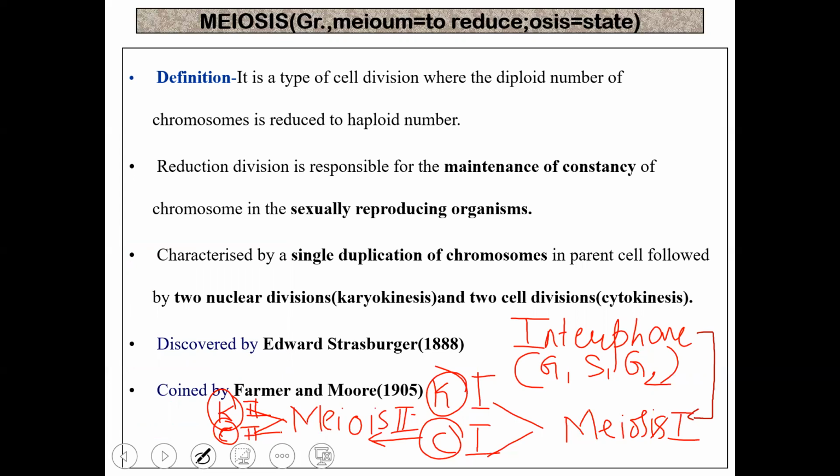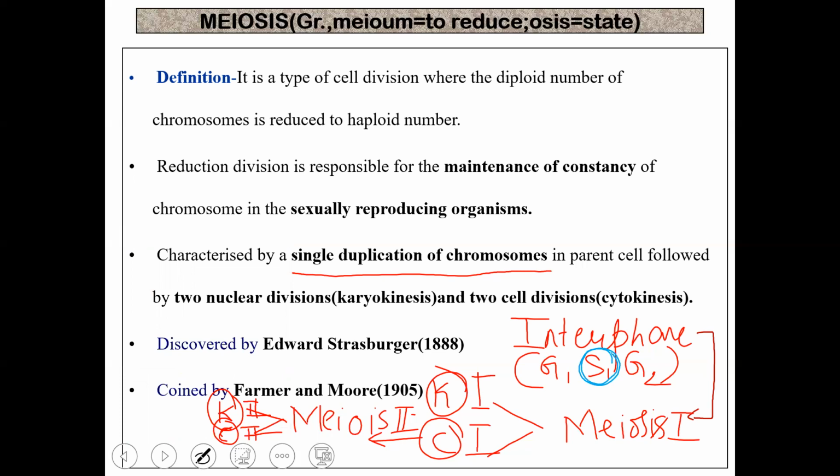Henceforth, meiosis can be said to be characterized by single duplication of chromosomes. We know that the duplication or replication of the chromosome will take place in the S phase, which is also called the synthesis phase.